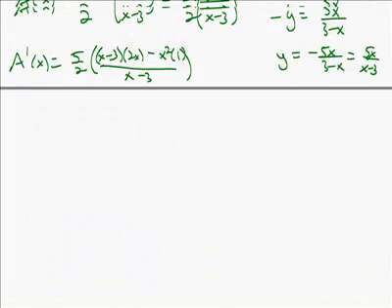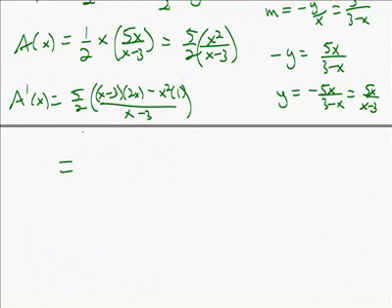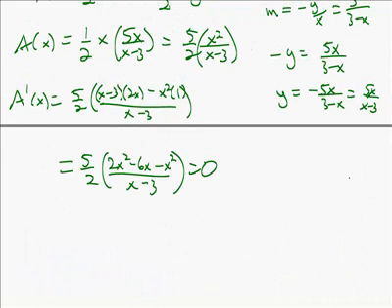Alright, so let's see here. We need this to equal 0. So we need 5/2 times 2x squared minus 6x minus x squared, all over x minus 3 to equal 0. I think we're onto something here, maybe. 2x squared minus 6x. Yeah, I think that's going to be right.